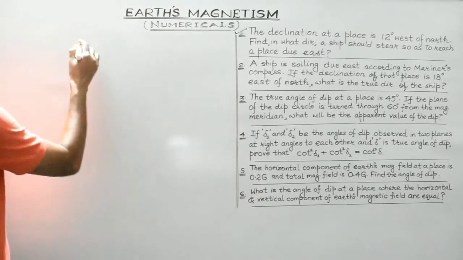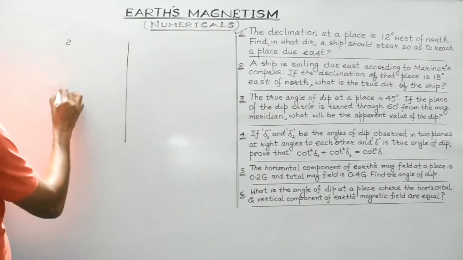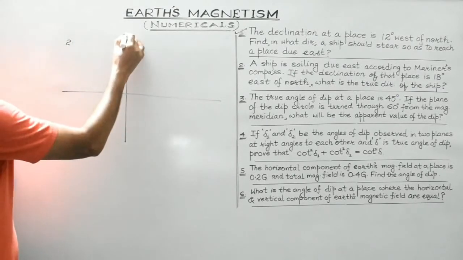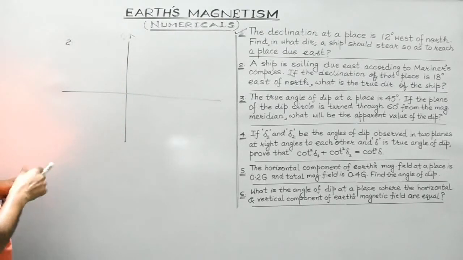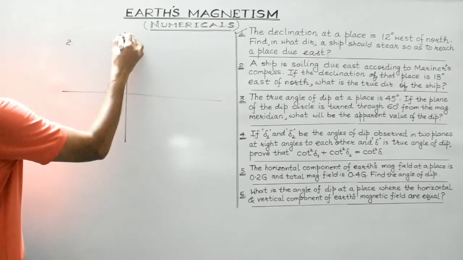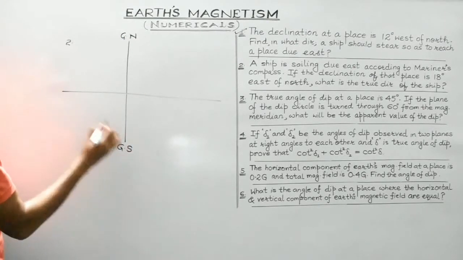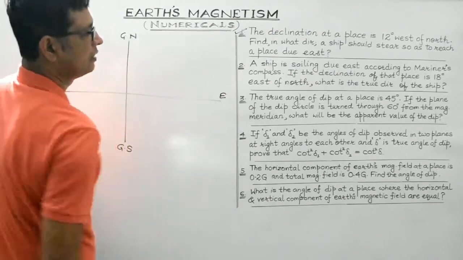So this is again a very interesting question. We need to represent it with the help of a diagram. Let this be the geographic axis. This will be geographical north, and this will be geographical south. This is geographical west, and this is east.